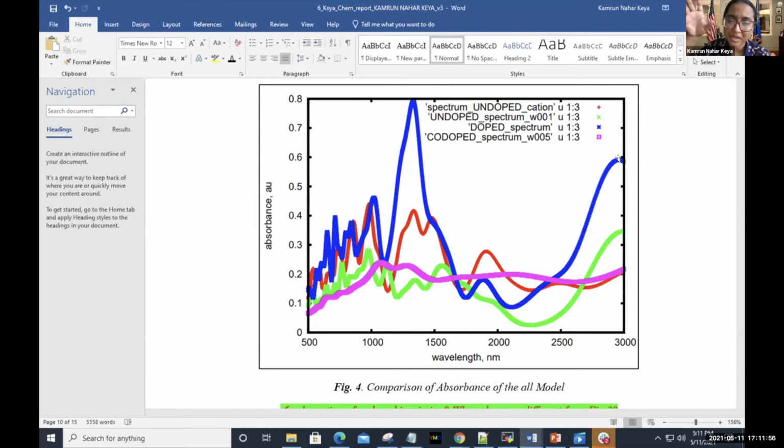But in this graph, it's like in a reverse way. Like at zero, it shows the lowest value, but when the wavelength increased, like here we are able to see that around 3000.